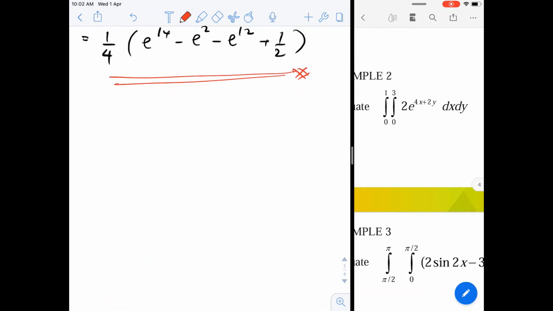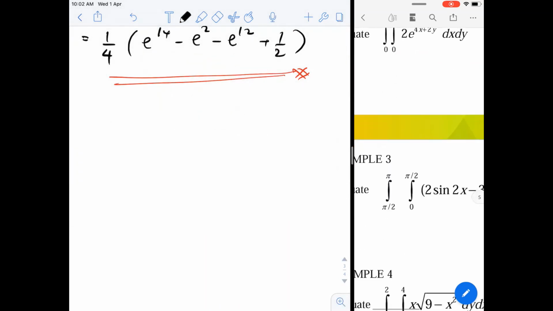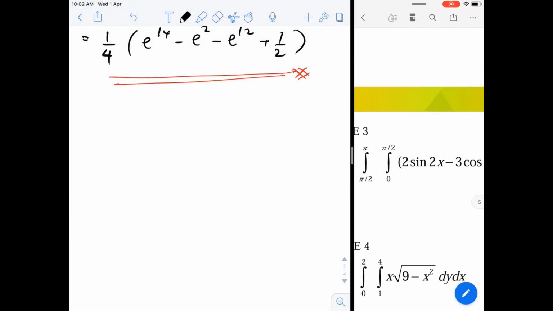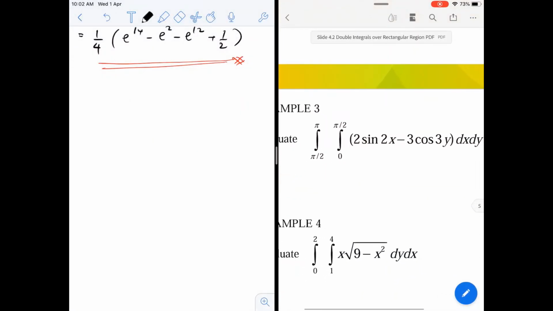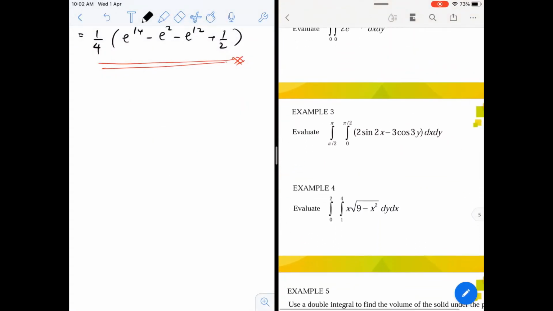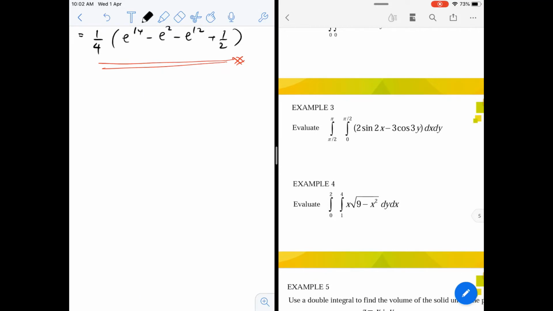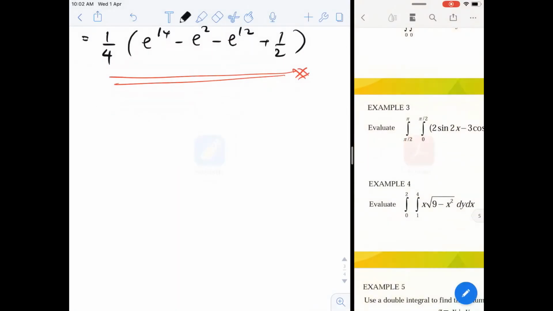Okay, now let's take a look at example 3. Okay, this is example 3. We have integration involving trigonometric functions, so let us solve this question.